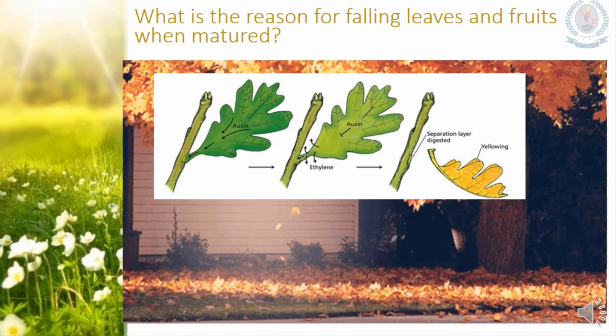As a result of that, at the base of the leaf, a layer is made to separate the connection of the plant and the leaf. So that layer gradually grows and completely stops the relationship between the plant and the leaf, and finally the leaf turns yellow and falls down.